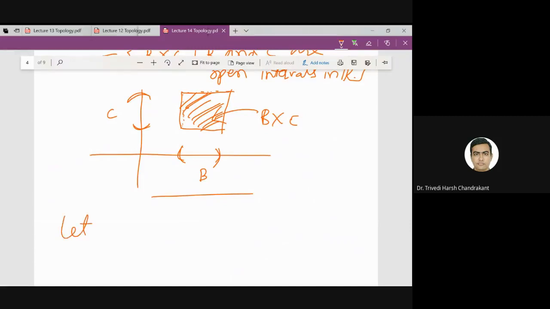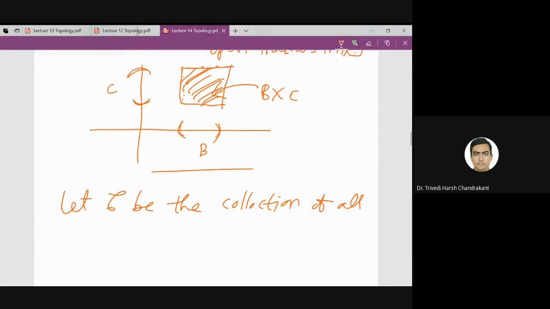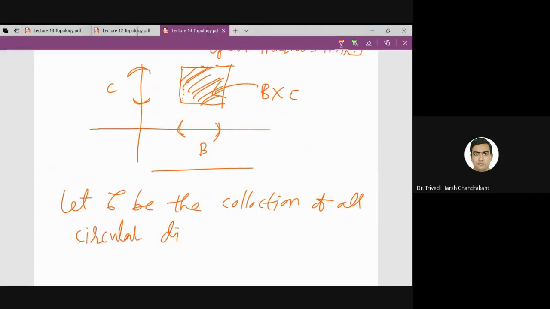So let C be the collection of all circular disks in R2.